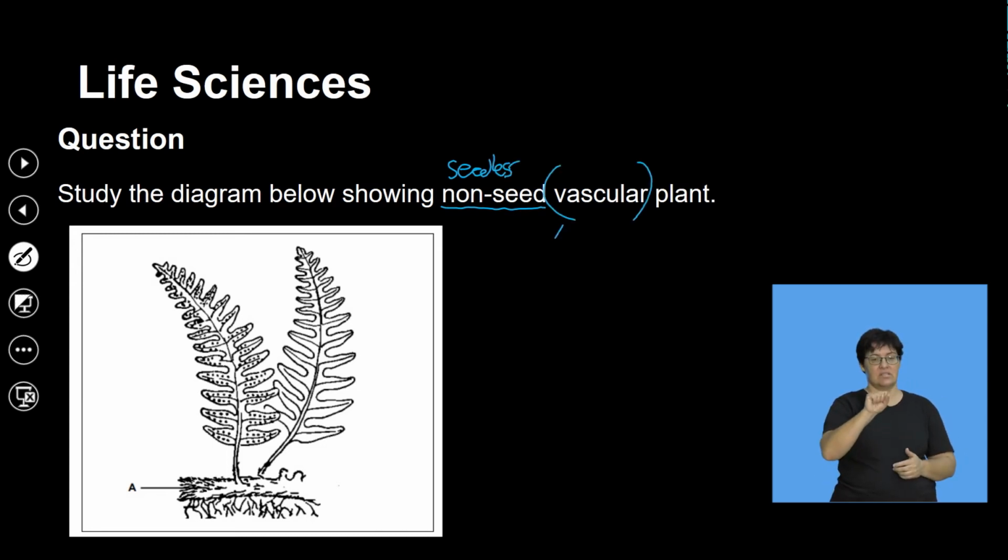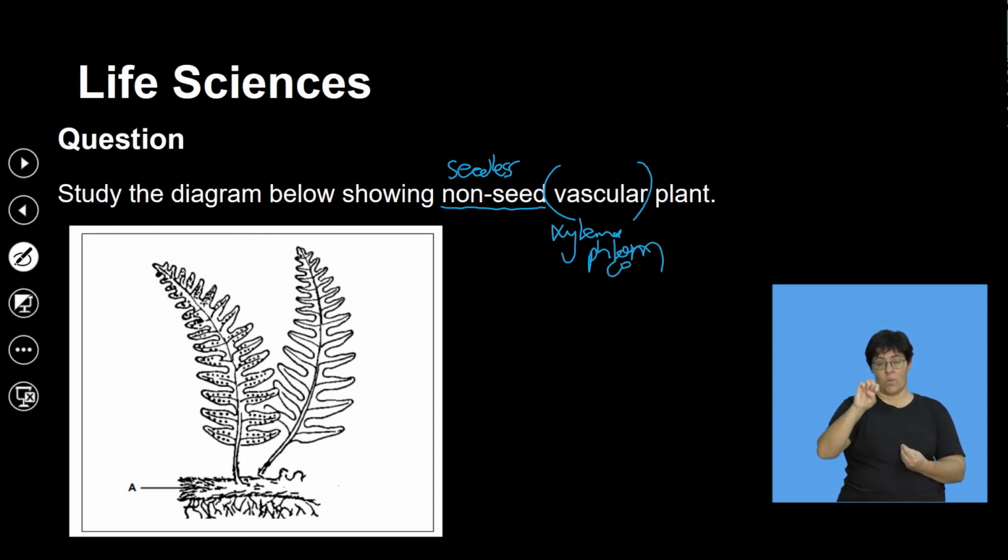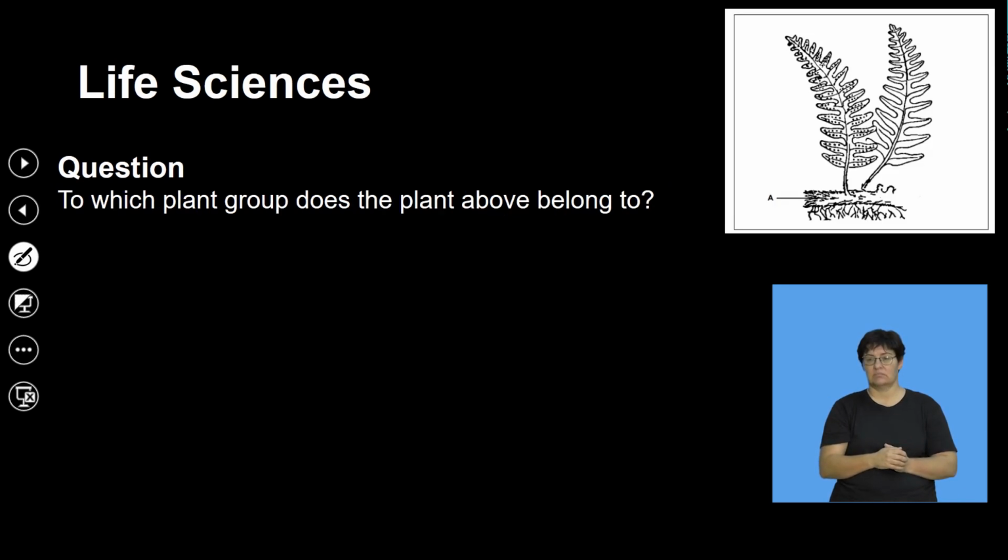So it has got xylem and it's got phloem. Those are concepts that you're going to need to understand. So what kind of questions can we ask you? There are some simple questions here where you need to know your work.